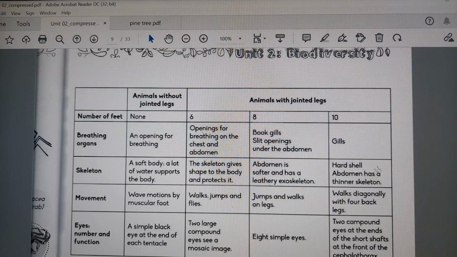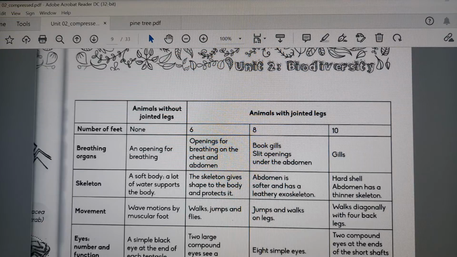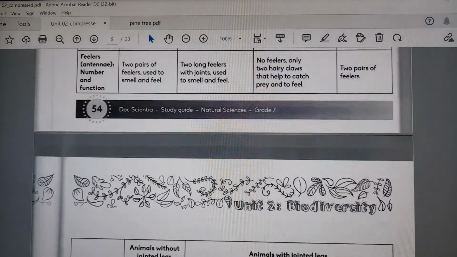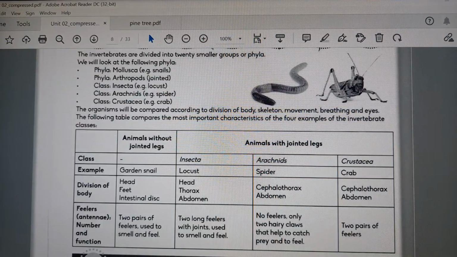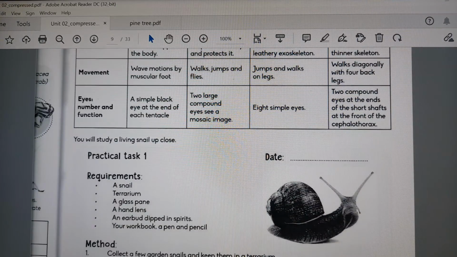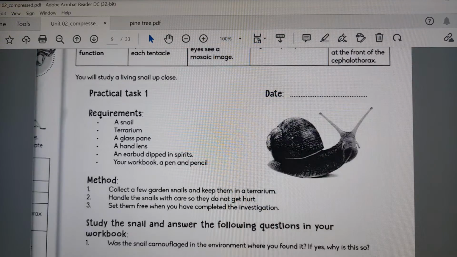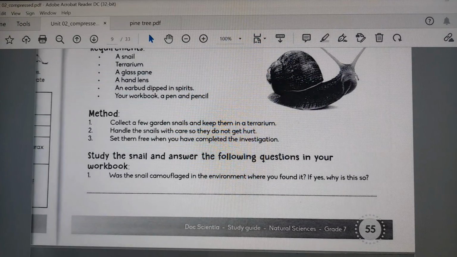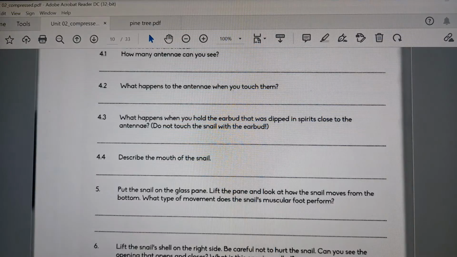So this is how we differentiate these invertebrate classes according to their body, skeleton, eyes, movement, feelers, and breathing. Please, this table is very, very important to know and understand, and know your labelings for the garden snake.